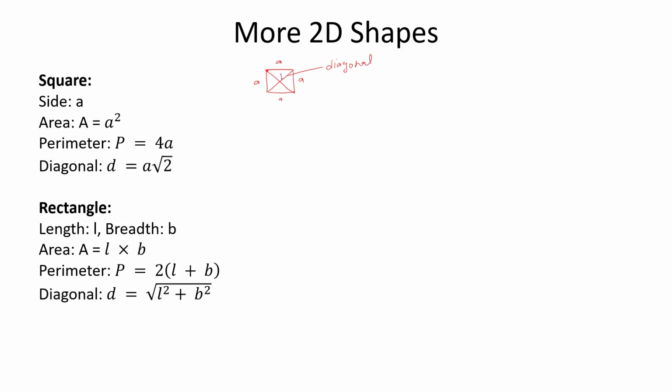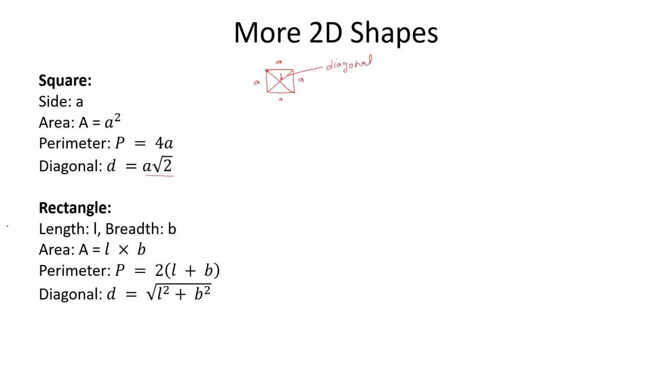We denote it by D. And what is the diagonal of a square? It is A root 2. So area of a square is side square. Perimeter of a square is 4 into A. Diagonal of a square is A into root 2.